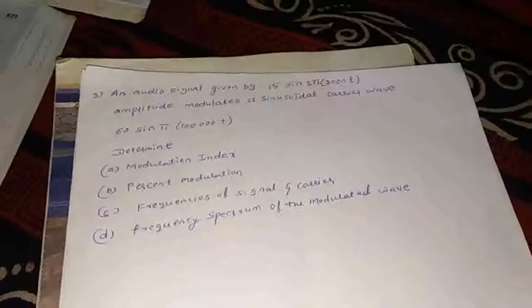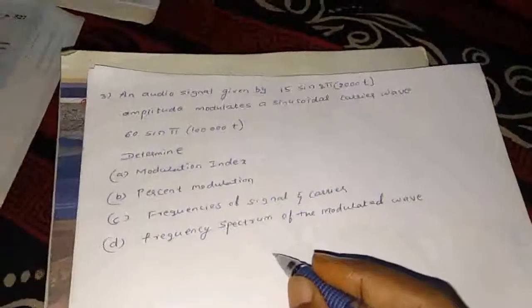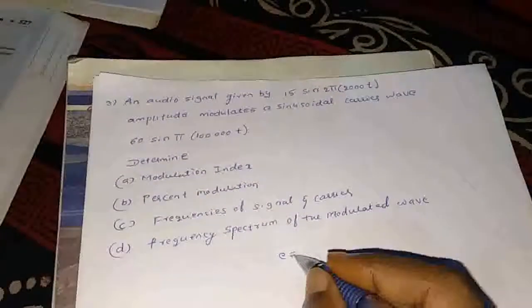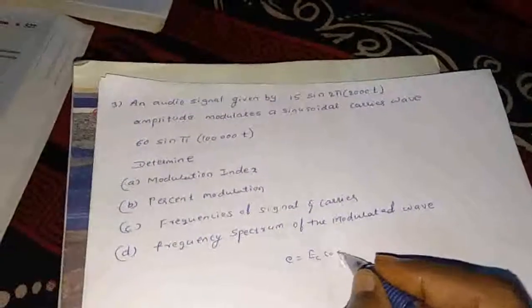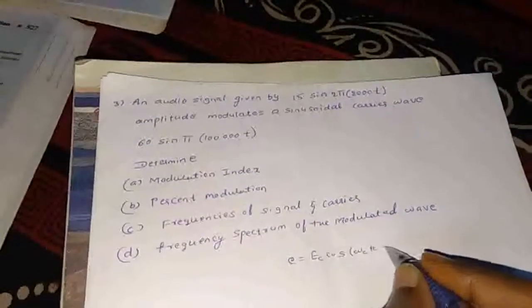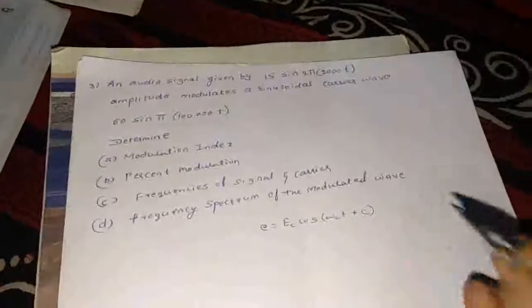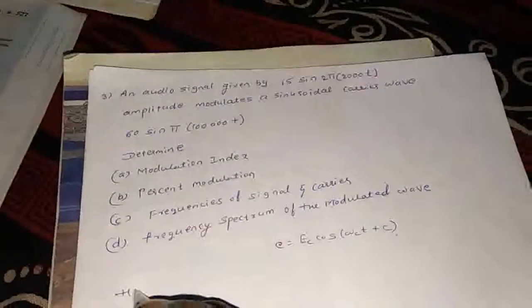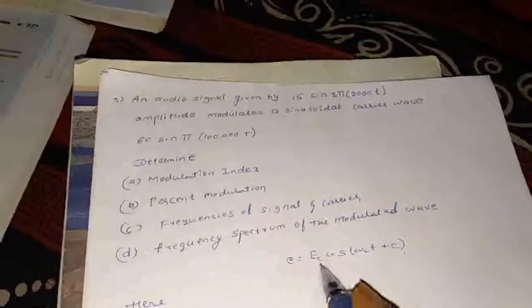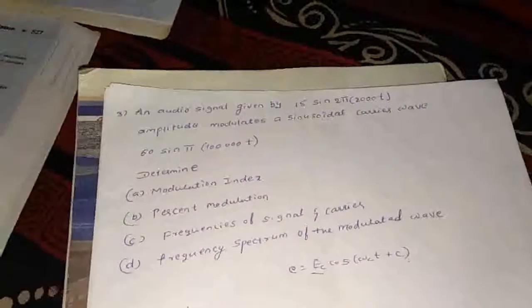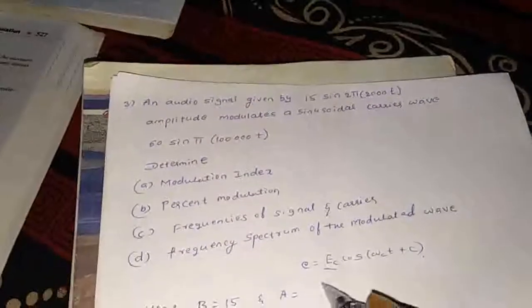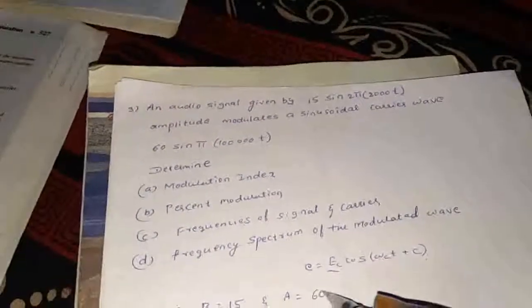See, we have to write the equation of the carrier wave. We already know that small e is equal to capital Ec cos omega ct plus phi c. This is the carrier wave equation. So here we have to take the value of Ec of the carrier wave, where B is equal to 15 and the amplitude of the carrier wave A is equal to 16.